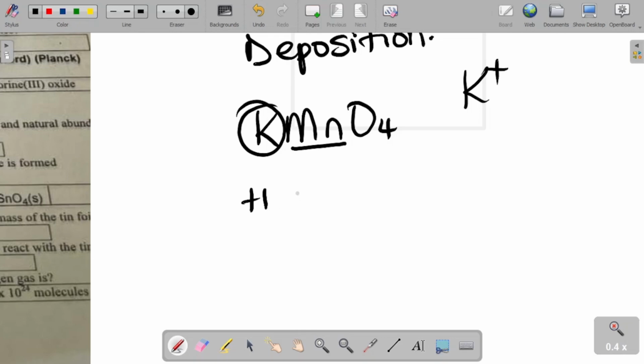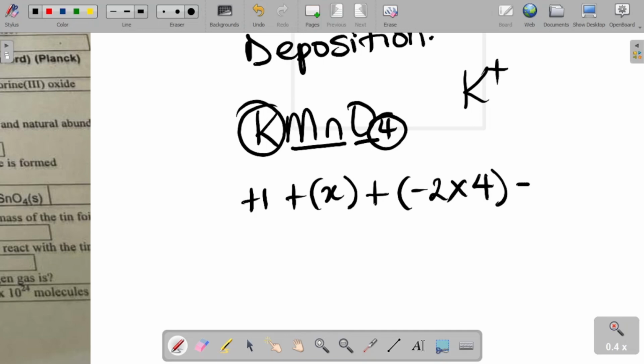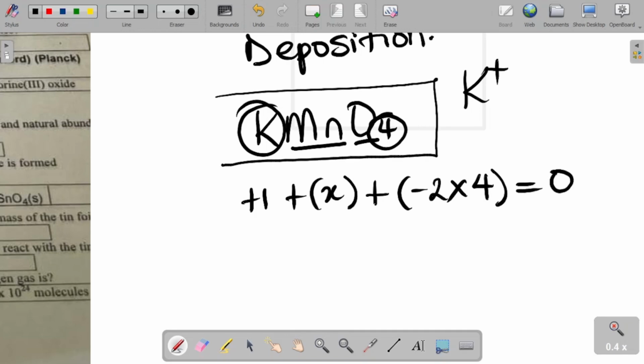For manganese, we don't know it, so we call it X. For oxygen, the oxidation number is -2, so it becomes -2 times the number of atoms, that's 4, is equal to 0. Equated to 0 since this is a neutral compound, it has no charge. If there was a 2 minus here, you equate to -2, right? So if there's a charge, you equate it to the charge, but there's no charge, so you equate to 0.